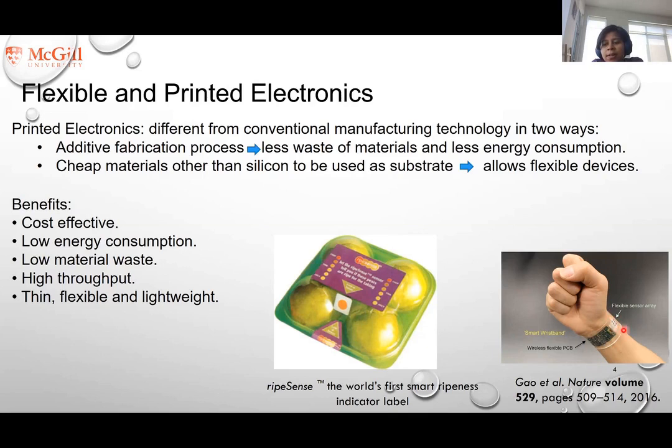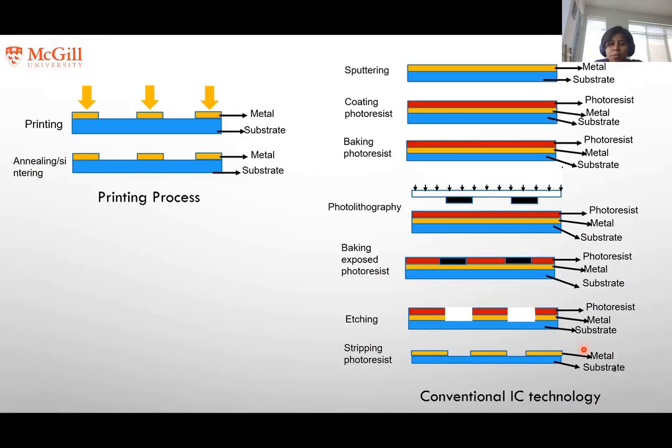The sensor part is made of a flexible sensor array, which is some ion sensitive sensors, and the rest of the part they make with conventional electronics. So it's a combination of a printed sensor and a conventional electronics part. It's a mix of those two.